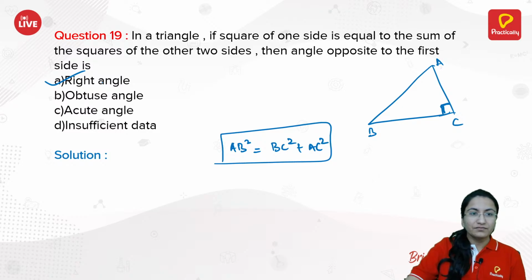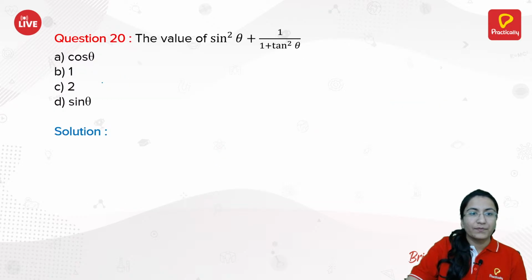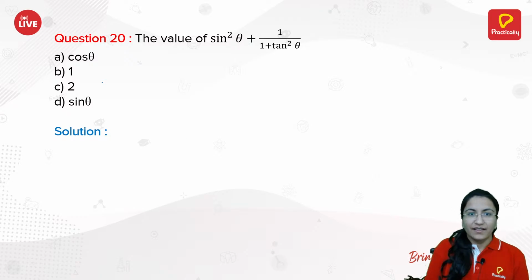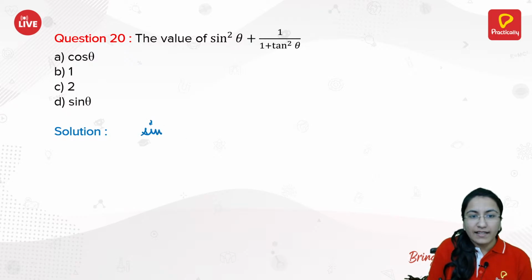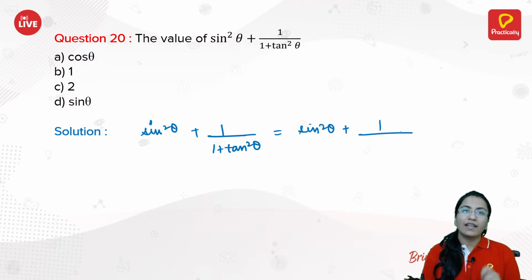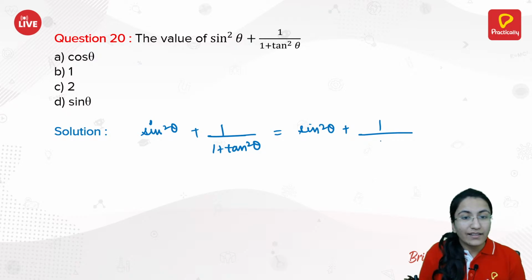Next question: the value of sine square theta plus 1 by 1 plus tan square theta. Using the identity, 1 plus tan square theta is secant square theta.